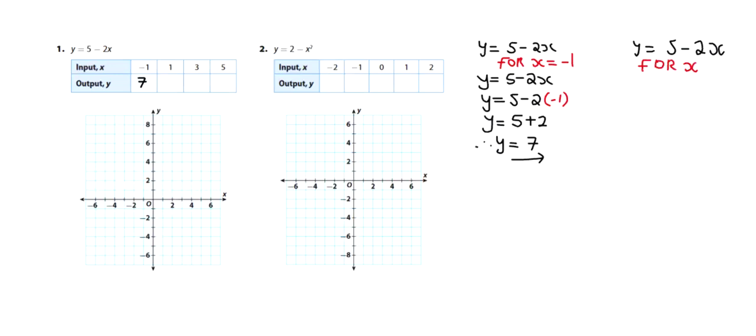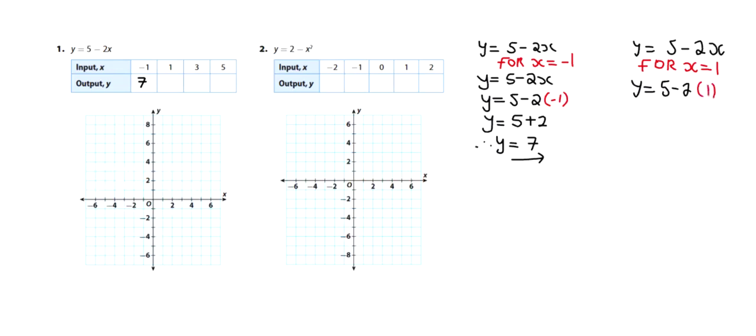When you're saying for x equals 1, this simply means where there is x, we're going to put 1. So y equals 5 minus 2, and since our x is positive 1, where there is x we put positive 1. Write it so that it's a bit visible.